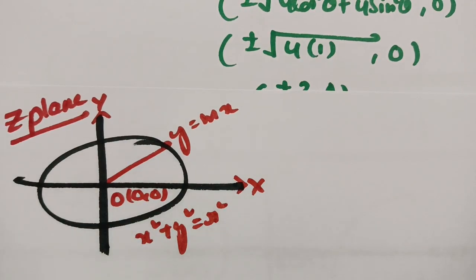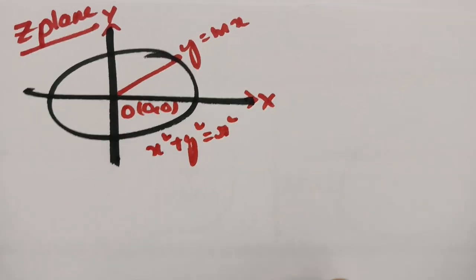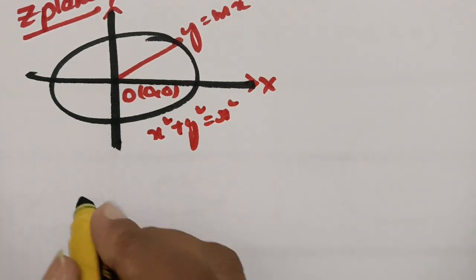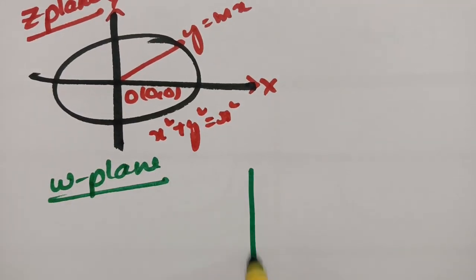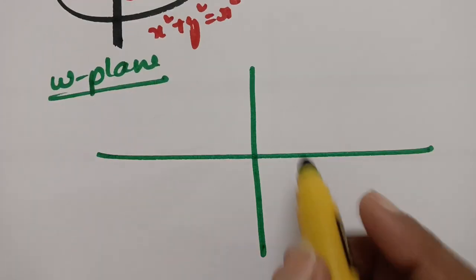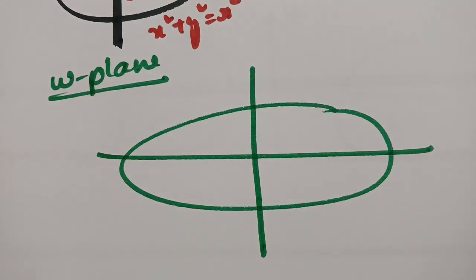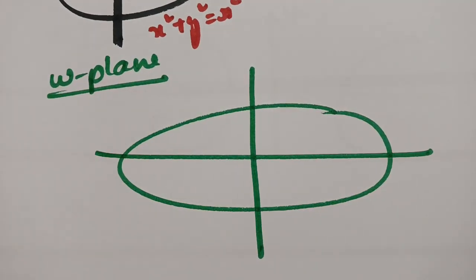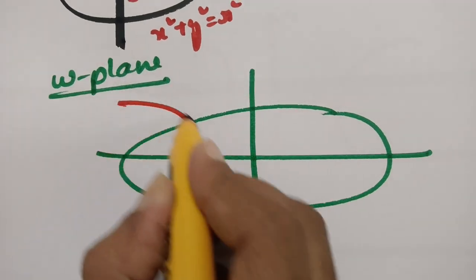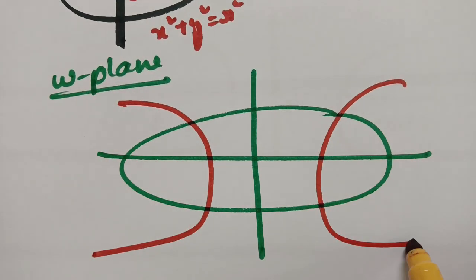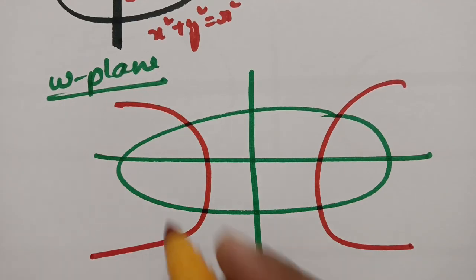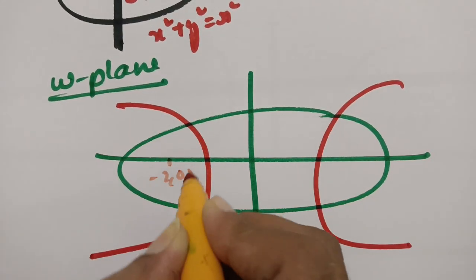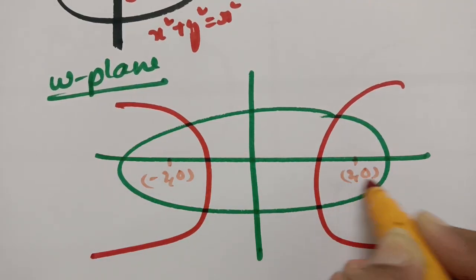So in the w plane, the transformation done from the z plane to the w plane gives an ellipse here, and this ellipse is confocal with the hyperbola. So this is again a hyperbola, and the focal points are also very clear, that is minus 2 comma 0 and plus 2 comma 0.